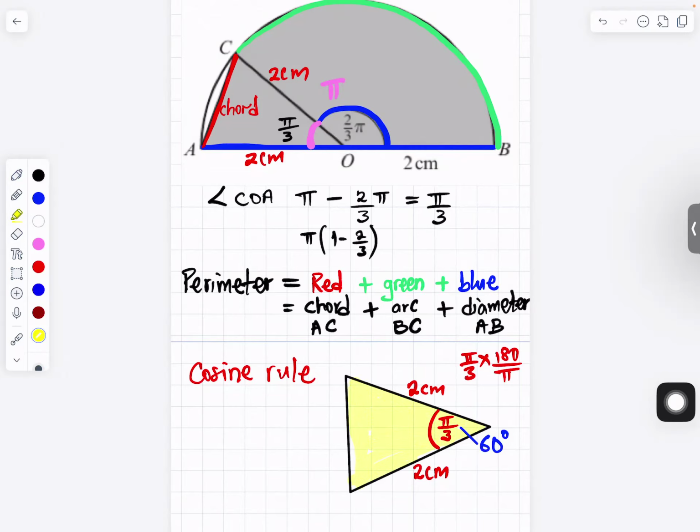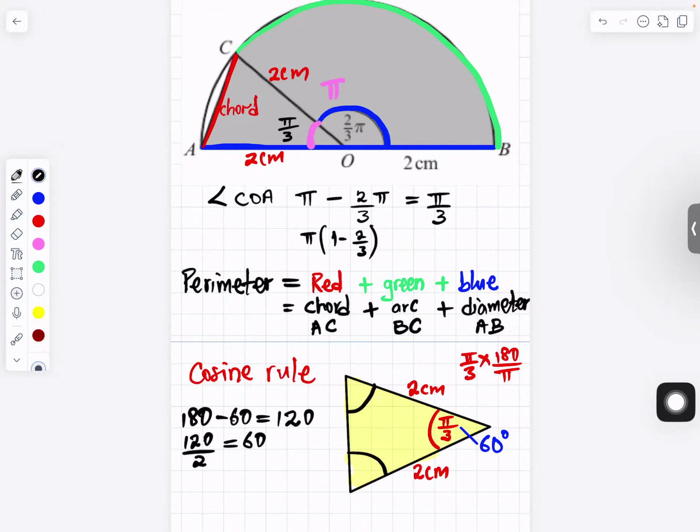So if we think isosceles triangle, two sides are the same. So this angle at the bottom will be 180 minus 60, which will be 120. And then 120 divided by 2, which will be 60.